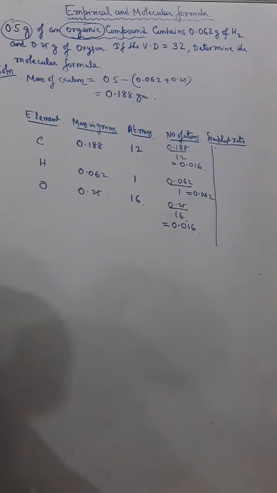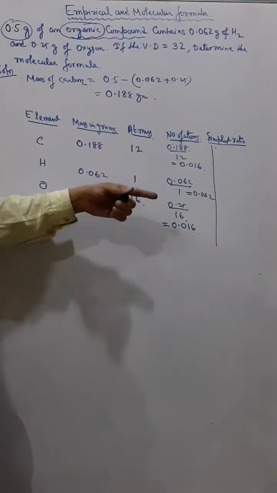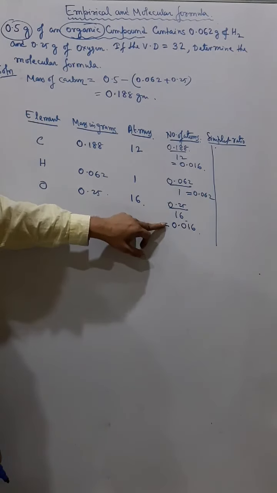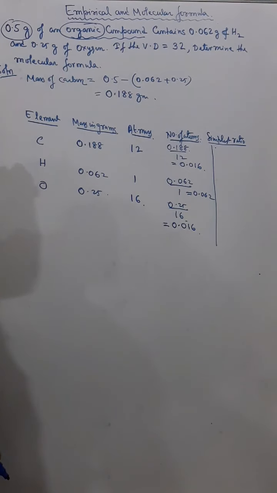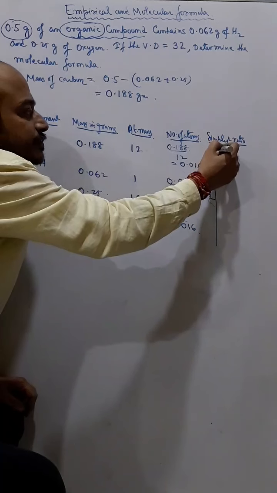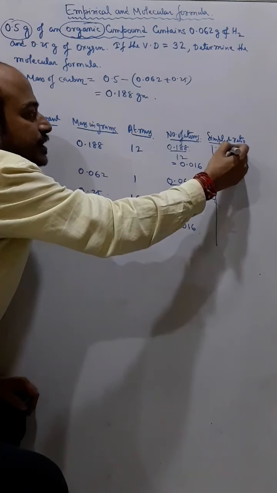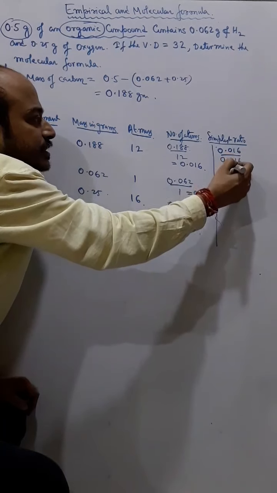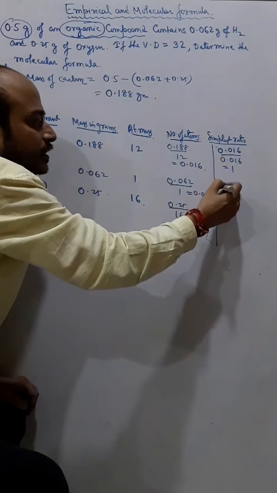Now for getting the simplest ratio, again the same rule. Out of these three values, whichever value is the least, with the least value we have to divide everybody. So the least value is 0.016. So the simplest ratio here will be 0.016 by the least value 0.016, so we will get 1.